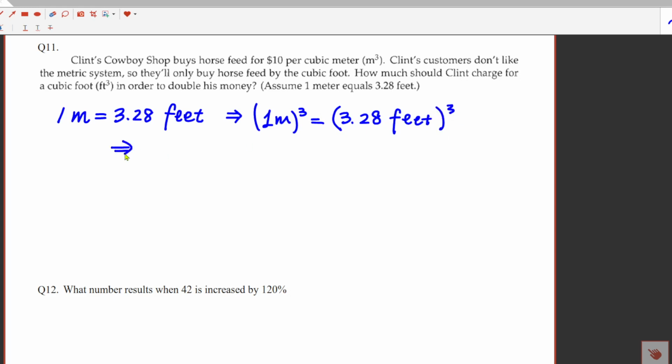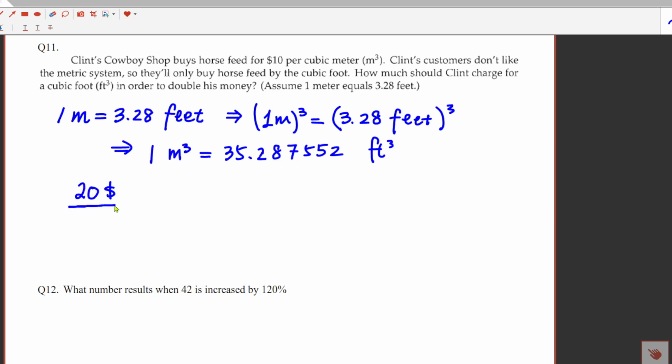And this gives us the left side becomes 1 cubic meter. The right side is approximately 35.28752 cubic feet.